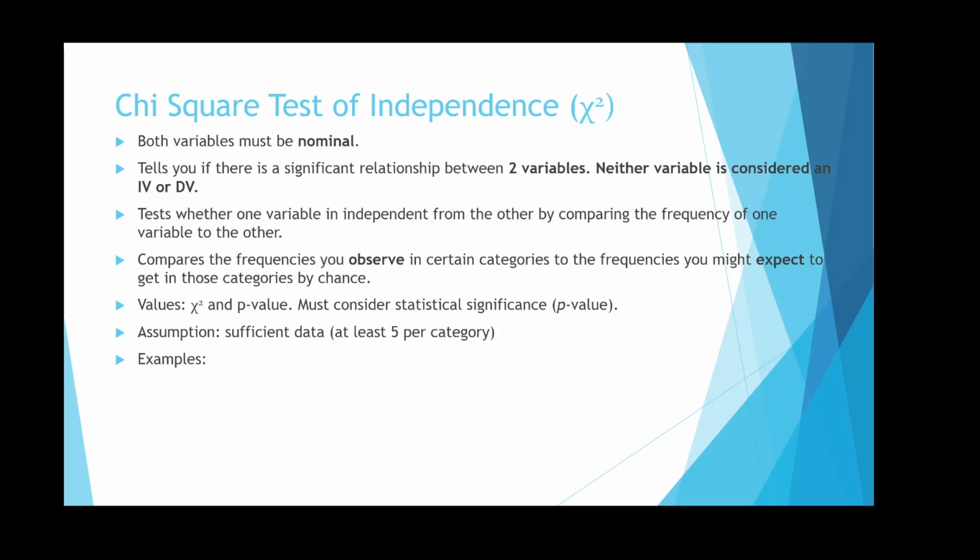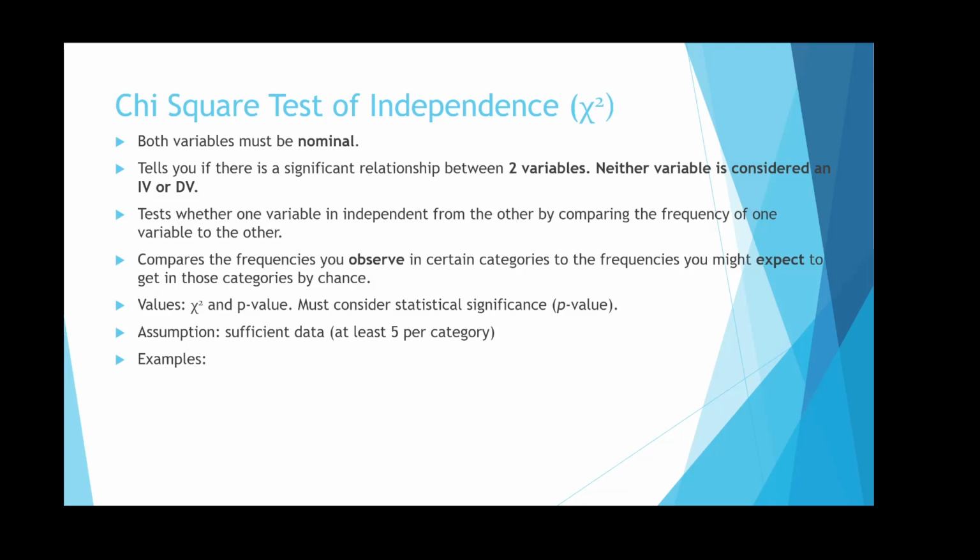We're going to compare those two, what was observed and what would be expected. If we're seeing similar results, then we're going to say that there's no relationship. But if the observed frequencies are really different from the expected frequencies, then we're going to say there is a significant difference. Essentially, we are getting a p-value, and we're just comparing it to alpha. It's going to tell us if there's a significant relationship or not.